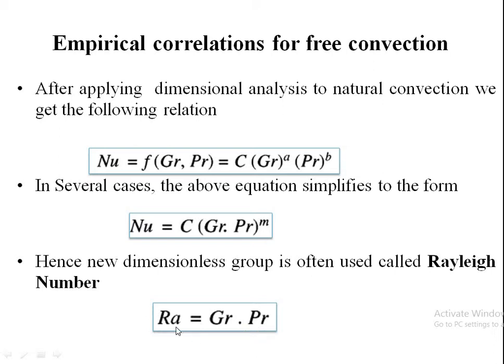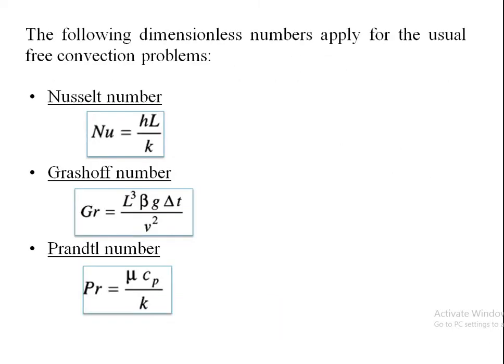In natural convection, the Rayleigh number suggests which type of correlation we should use for the flow type, that is, whether the flow is laminar or turbulent. The following dimensionless numbers apply for the usual free convection problems.